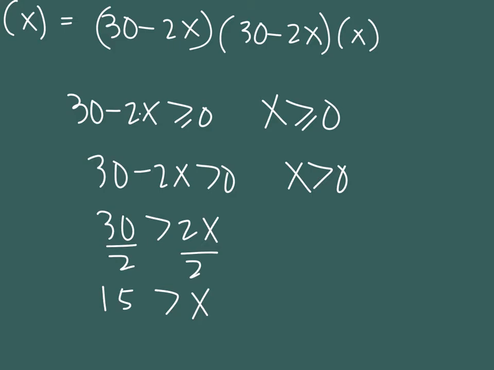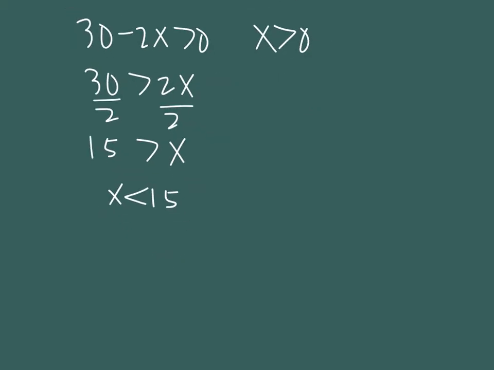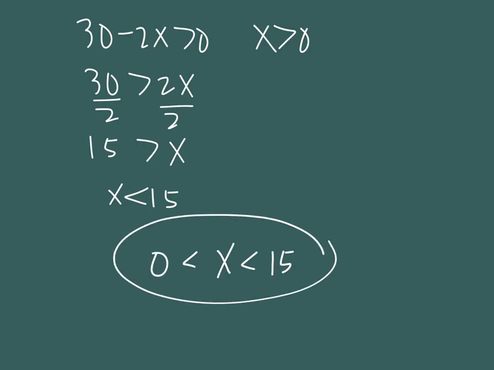So if x is less than 15 and x should be greater than 0, then it means that x can only be between 0 and 15. So it is already restricted between 0 and 15.